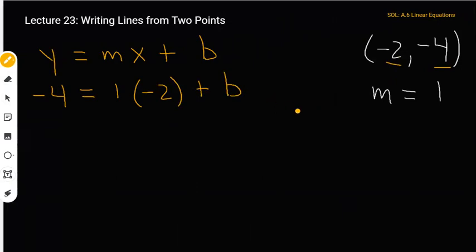So what am I going to do next here? I'm going to multiply 1 by -2. So 1 times -2 is -2, because I'm just multiplying by 1.